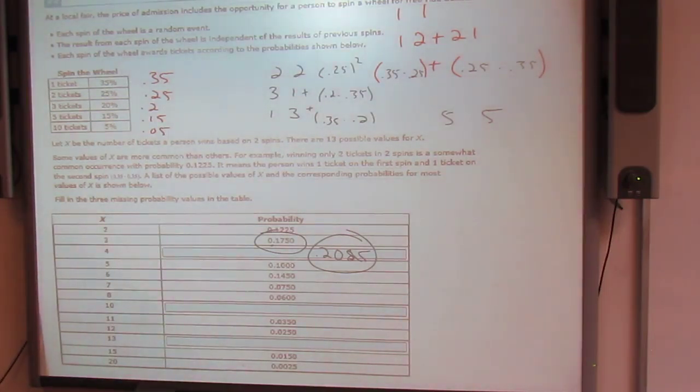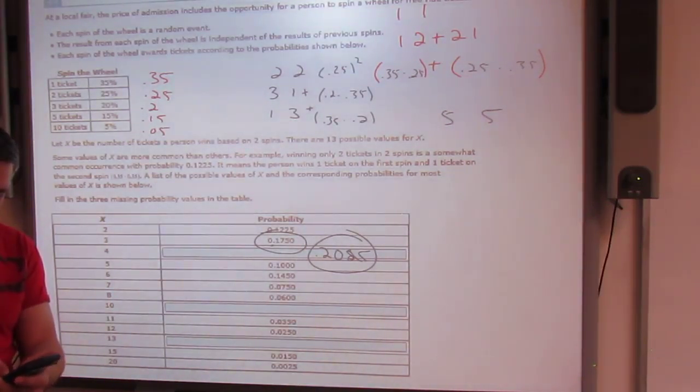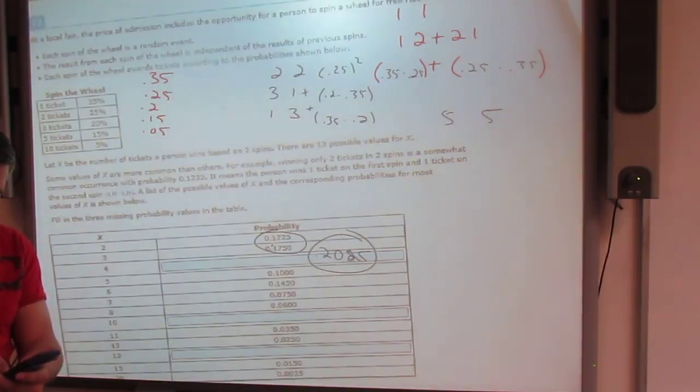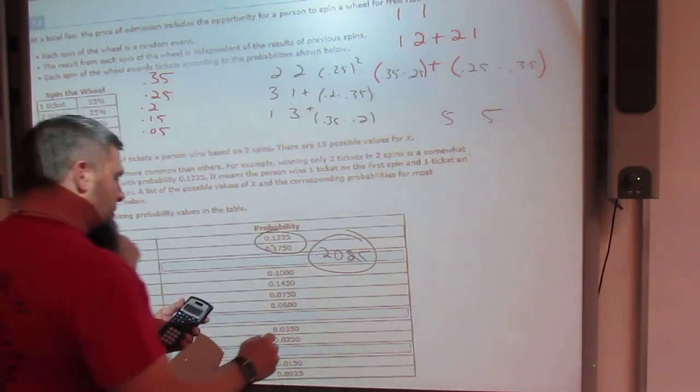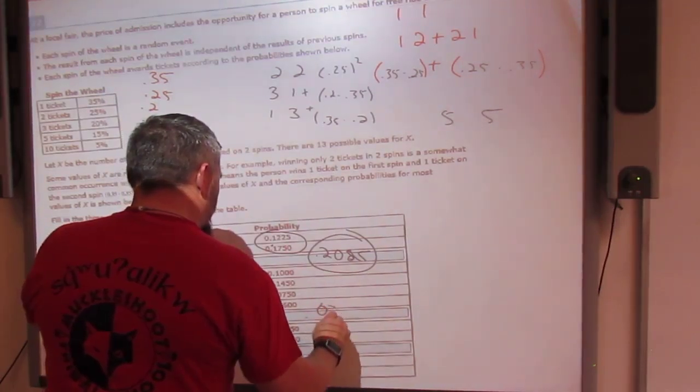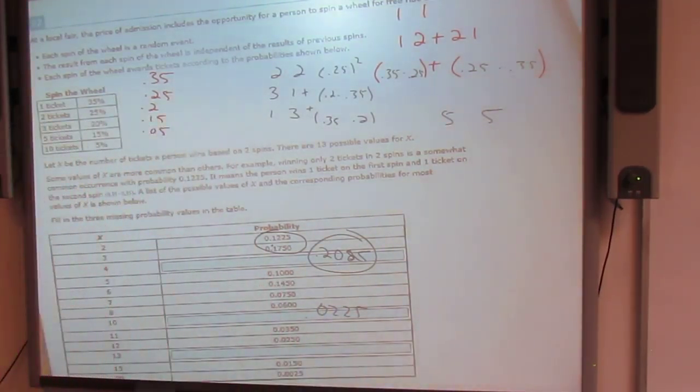So the only way you can do it is 5 and 5. And so that's 0.15 times 0.15, which is 0.0225.